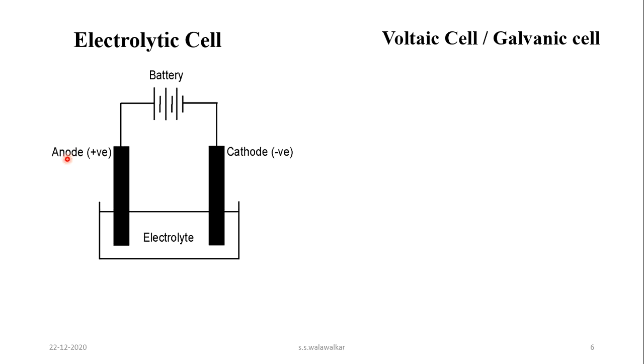The rod connected to the positive terminal of the battery is called the anode, and the rod connected to the negative terminal is called the cathode. So in an electrolytic cell, the anode is positively charged and the cathode is negatively charged.